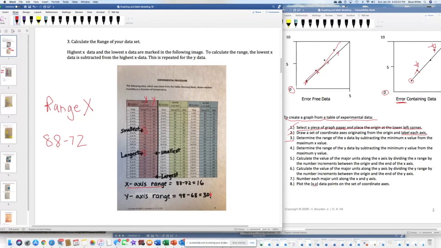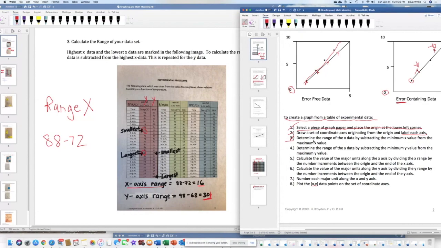It's more spread out, so the increments here have to have a bigger value than the increments there. So I did number three, I got the range, and number four, I got the range of the y data.